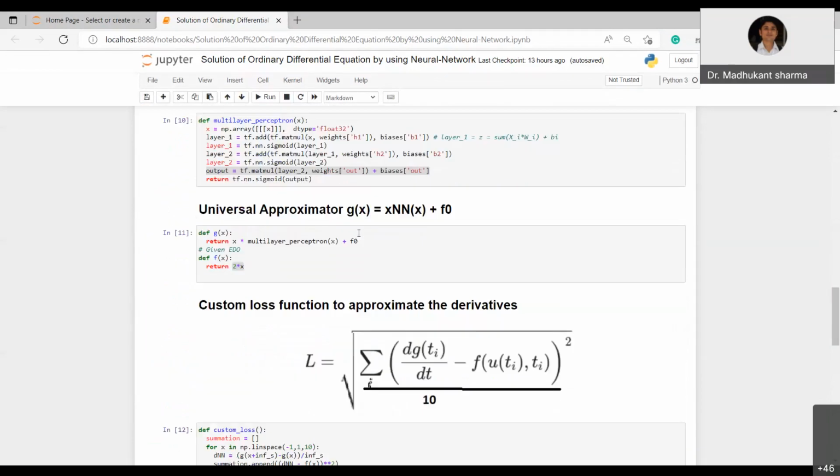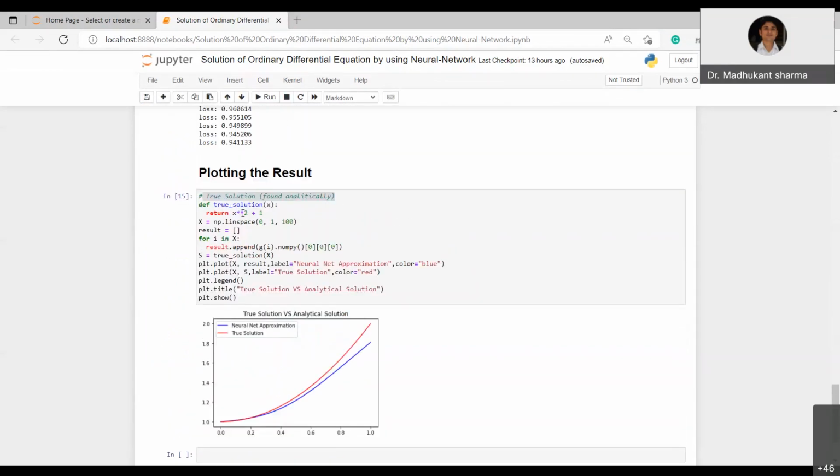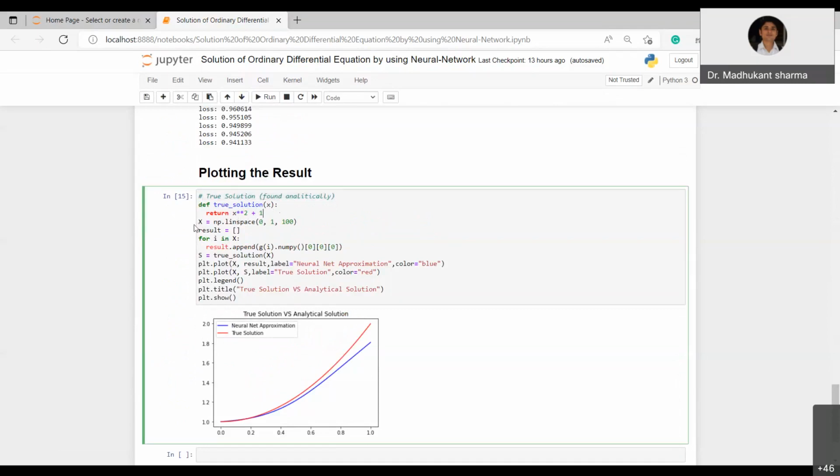So I defined x square plus 1 as the true solution. Now I am selecting x in the interval 0 to 1, and taking 100 points for comparing our result.